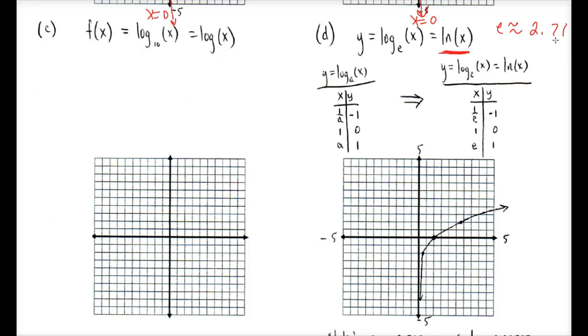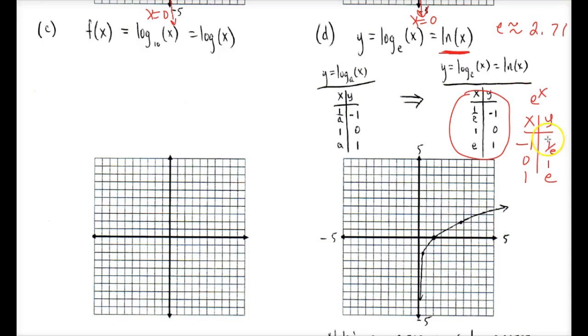Okay, and so for here, again, we could do the same thing, e to the x, do our key points here. And so we would have 1 over e, 1, and e. And so if we just flip those around, then we get what we see right here. And so we can take that and graph it as well.